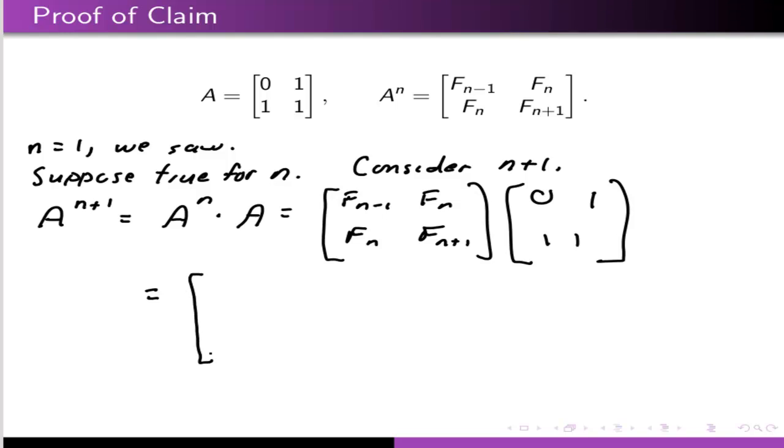In the first row, first column position, I'm getting Fn. First row times second column, I'm getting the sum. Second row, first column, I'm getting F(n+1). And second row, second column, I'm getting this sum.